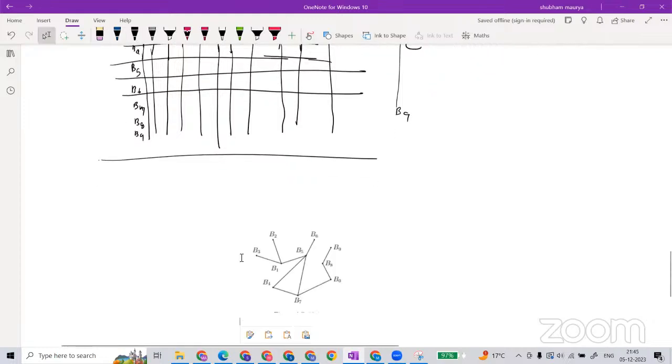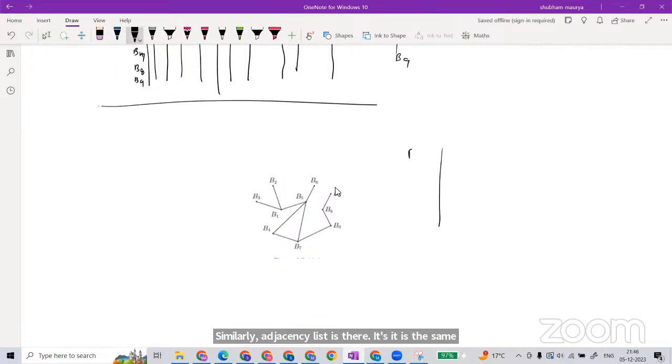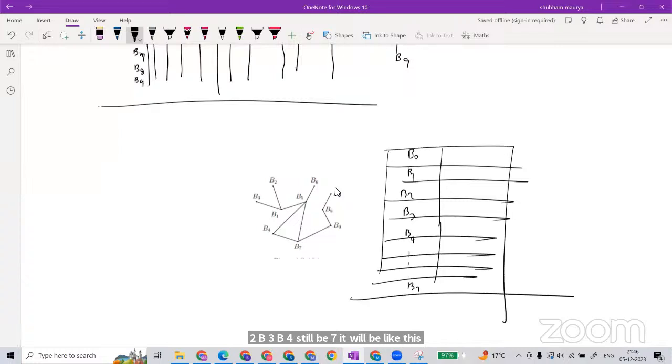Similarly, the adjacency list is there. It is the same way. It is listing like this: B0, B1, B2, B3, B4 till B7. We'll make a table, and in this column we'll write the vertices in curly brackets. B0 is connected with B8 and B7.